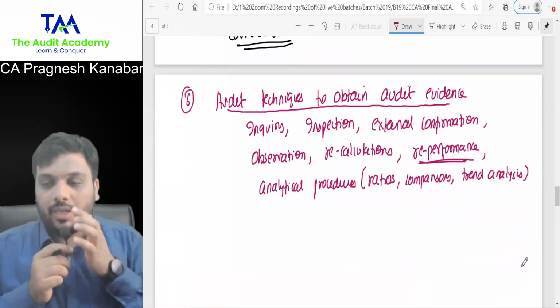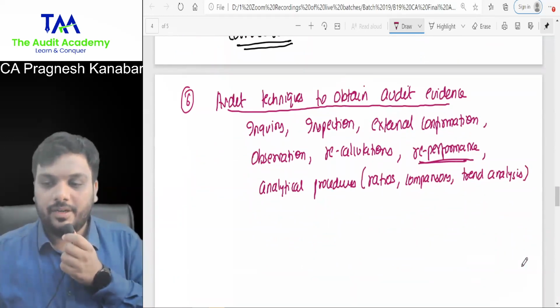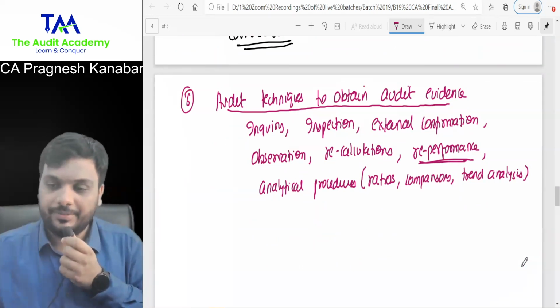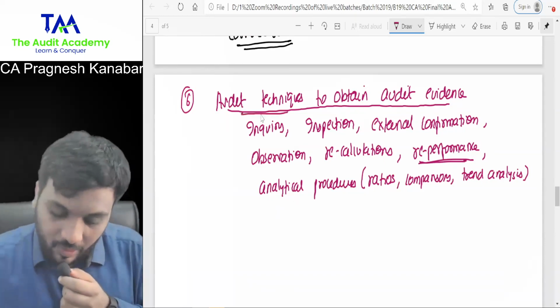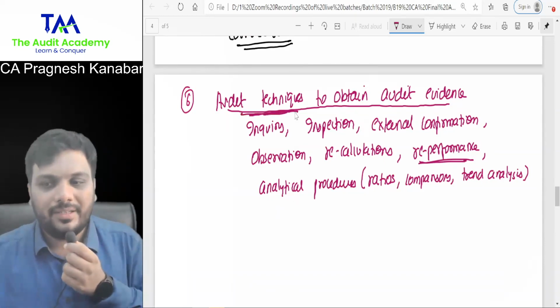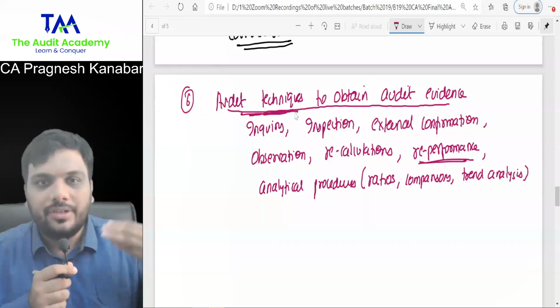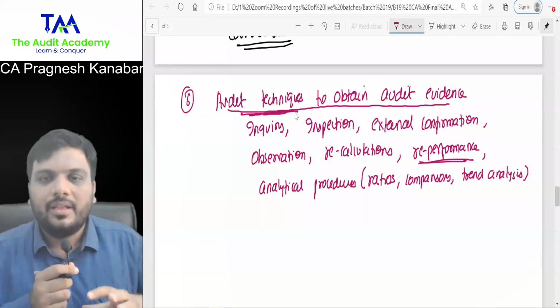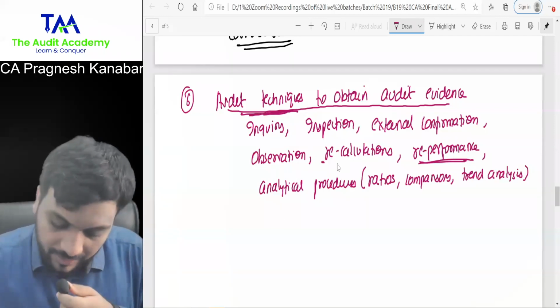So these are the audit techniques to obtain audit evidence. No one is going to ask you the full set of techniques. Just that we use them repeatedly in our answers. That is why, otherwise.